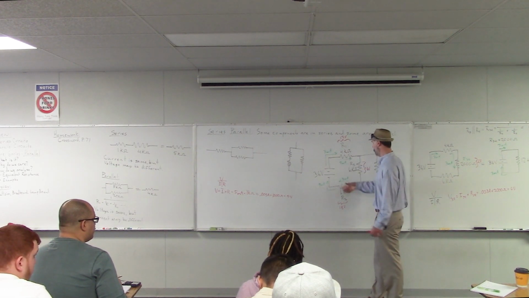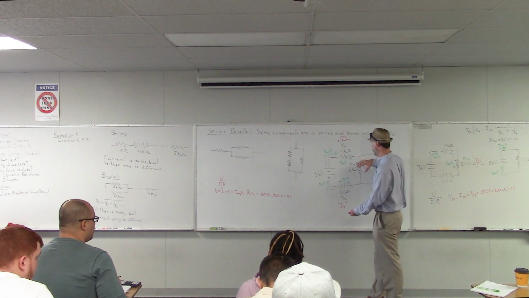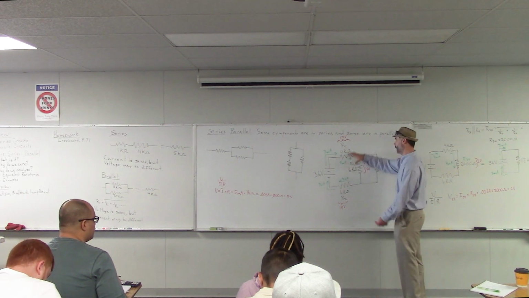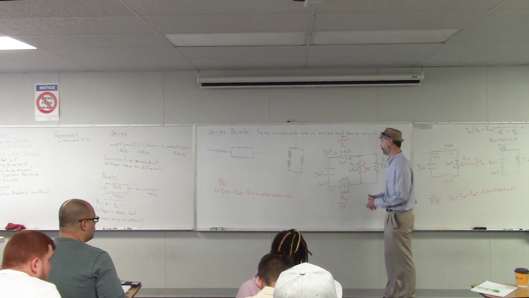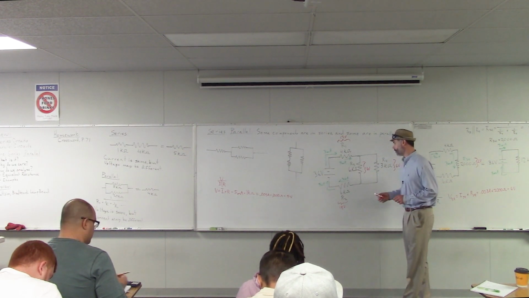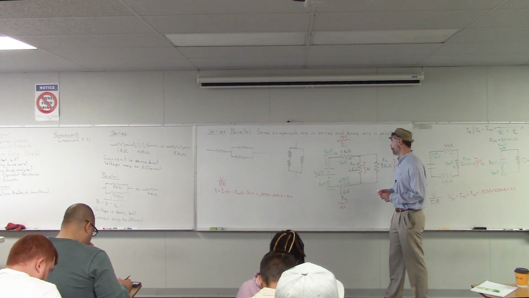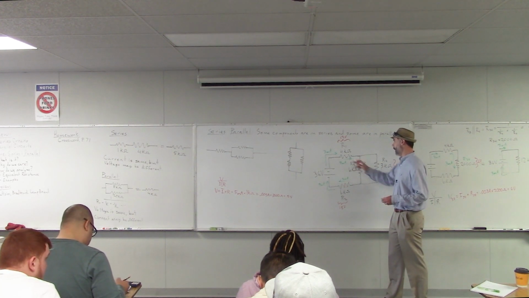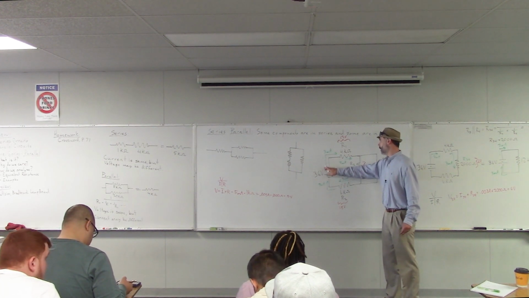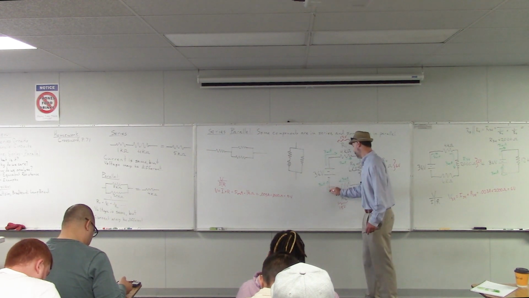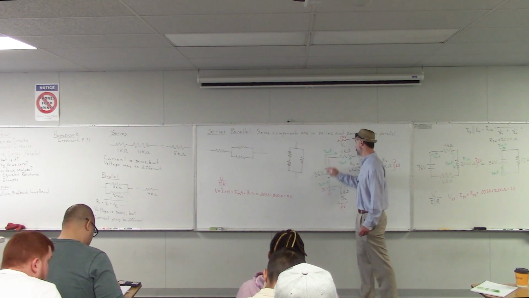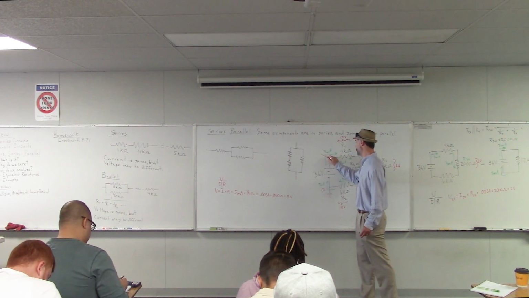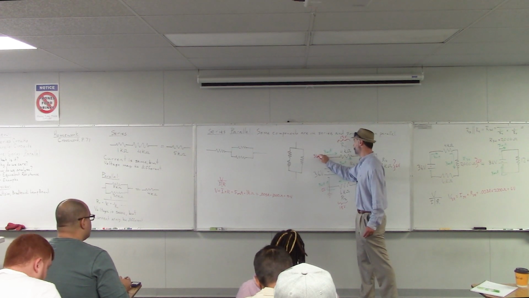So you would have 36 volts between these 2 points, and so what you could say is that this point is ground, or 0 volts. This point would go up by 36 volts, so we have 36 volts there.